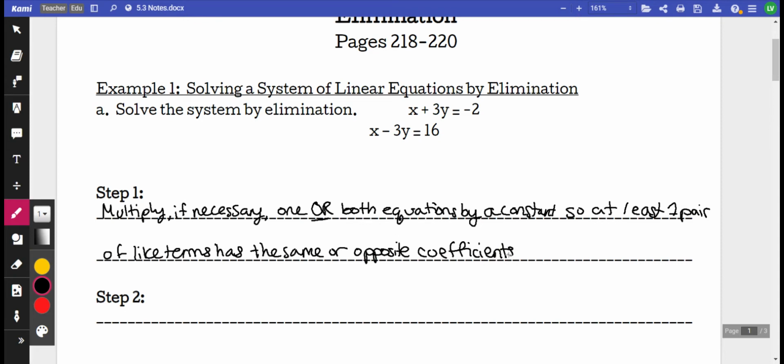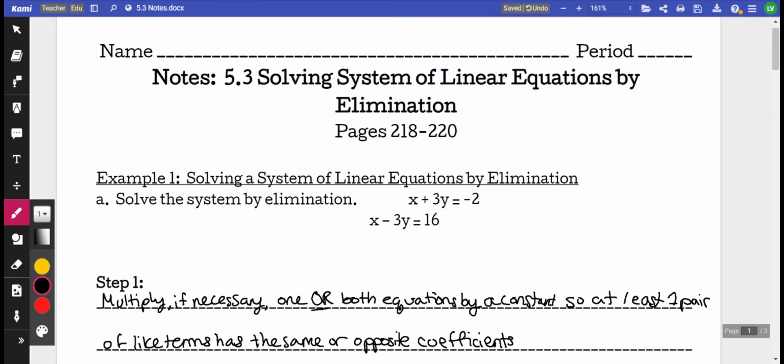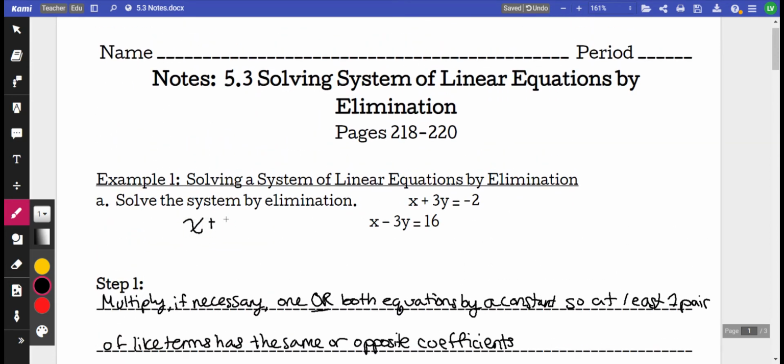Now I'm going to rewrite my two equations just because they're not matching up exactly how I would like them to. So I have x plus 3y equals -2, and x minus 3y equals 16.